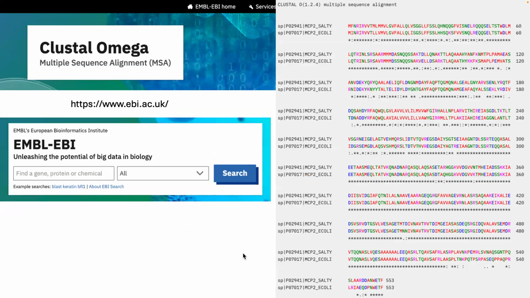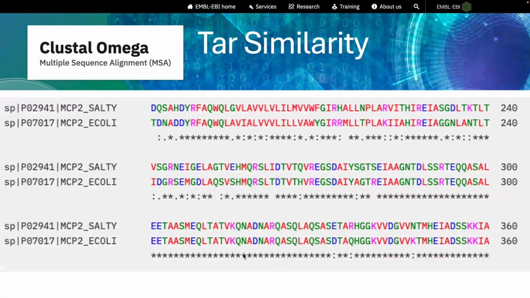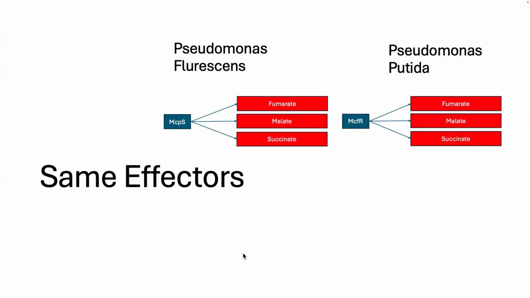This is one of the tools, Clustal Omega, to compare them one to another. It turns out that they're about 79% the same, but that means 21% different. From an engineer's perspective, that just strikes you a little bit funny. I'm just going through these slides to highlight the comparison between those.